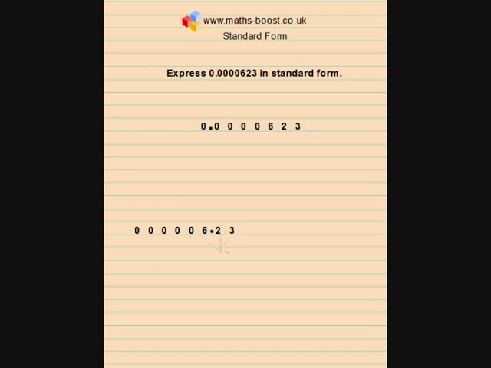So I've got to take account of the fact that I've changed it, and I'm going to put this index here. And because we moved it 5 places, we can see why we've put in this -5 here to represent the 5 place values. And again, they should always be the same number. It's just a different way of writing it.